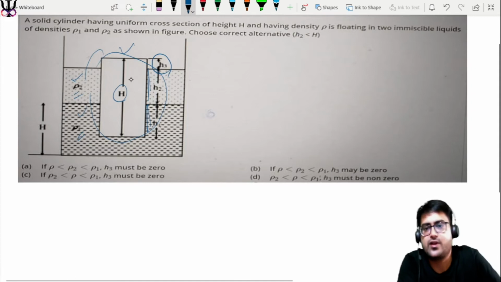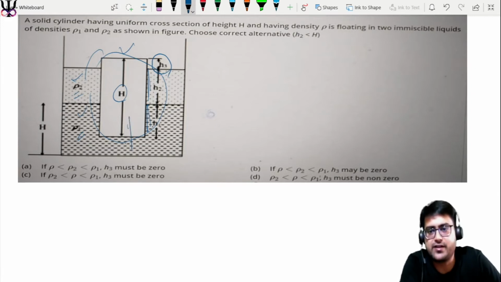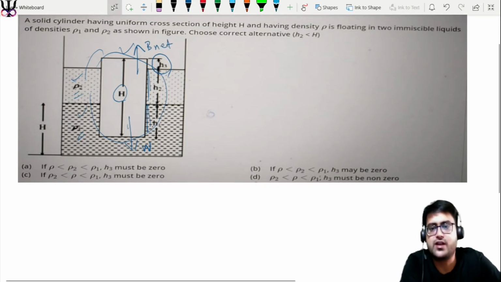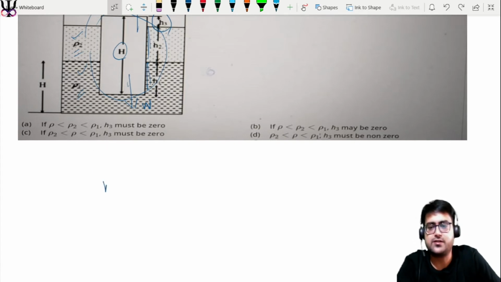So this object in this condition, its entire weight is getting supported by the total buoyant force, correct? Let's call it B net, the total buoyant force. First, find the total weight. What is the weight of this object? W is mass times gravity, right?